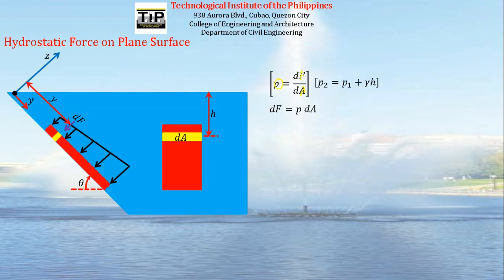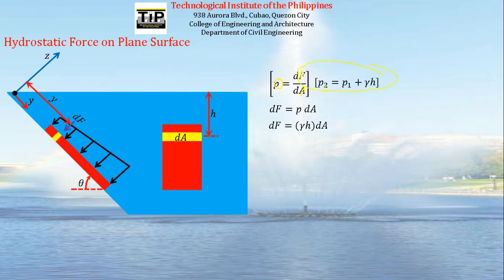And then using this equation, P sub 2 equals P sub 1 plus gamma H, for us to substitute the value of P. So we'll use this equation.